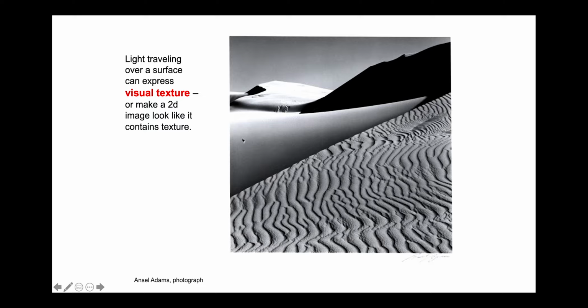We see this very, very clean, smooth gradient here that makes us feel that this sand dune is quite smooth. And then here we see this really cool repeated texture that shows us that light is being reflected back into our eyes very differently by the different curves of this surface.